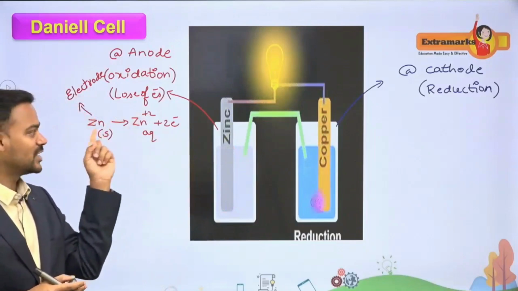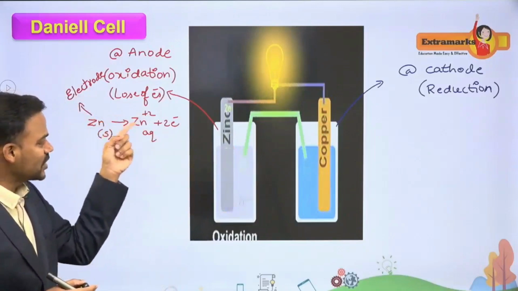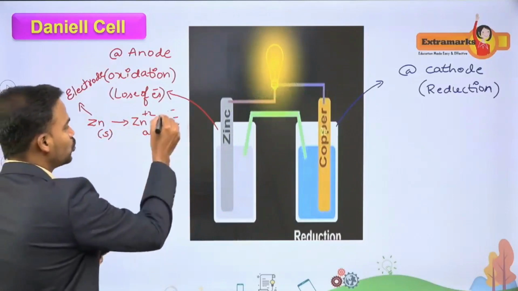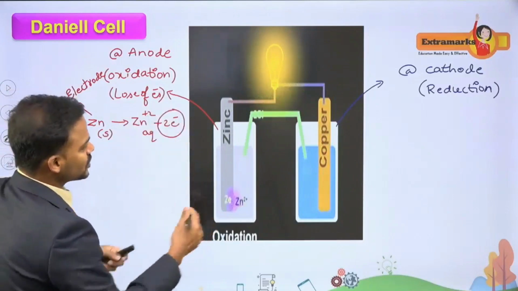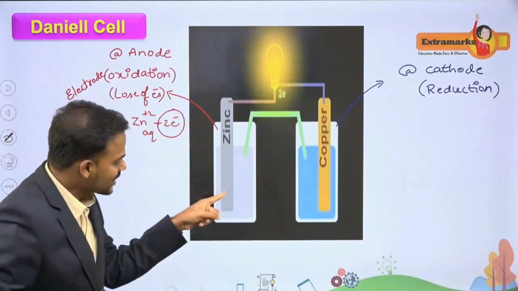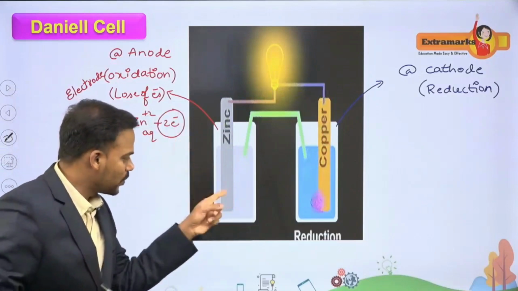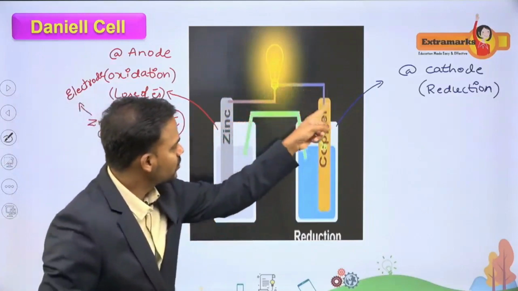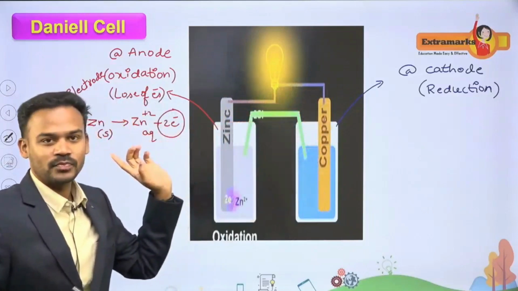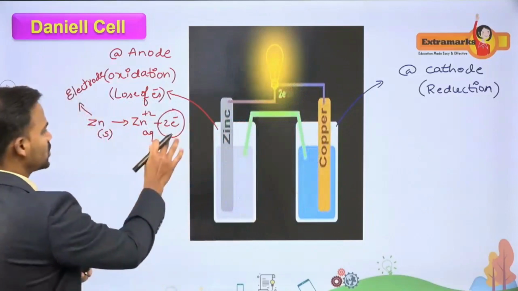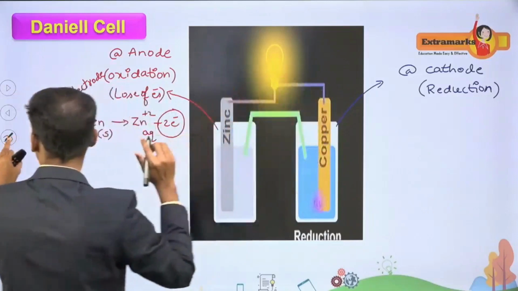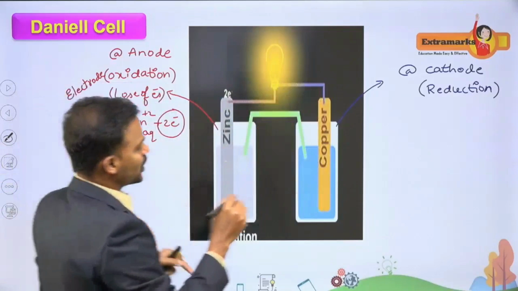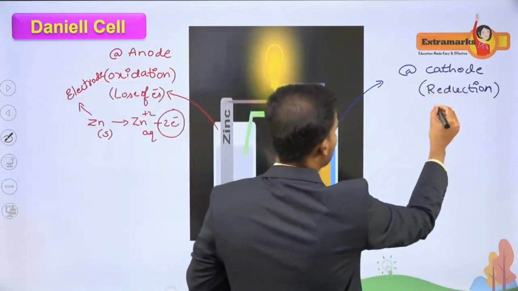At anode we have oxidation happening and zinc is converting into Zn+2, giving out 2 electrons. These 2 electrons are going to travel towards your cathode. Now what happens at the cathode? These 2 electrons going towards the cathode, what is this? Gain of electrons.